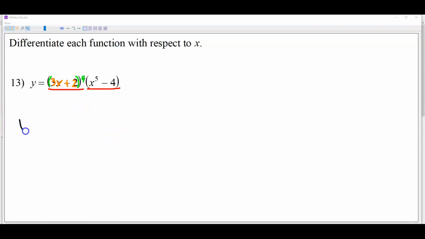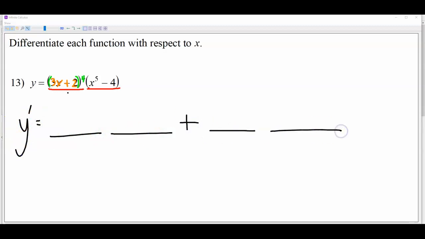All right, so the first thing that you would do on this is, let's start off with the product rule. This is my A and this is my B. Derivative of the A, derivative of the B. So for the first one here, the derivative of the A, we're going to apply the chain rule.